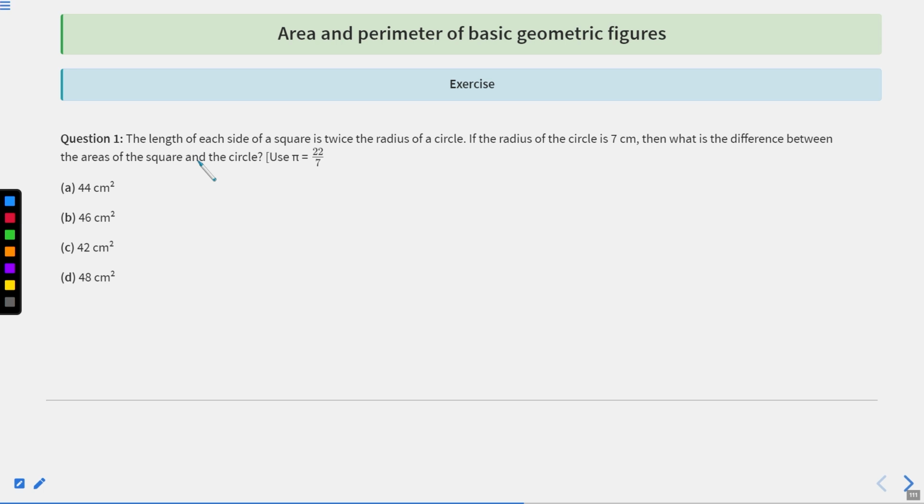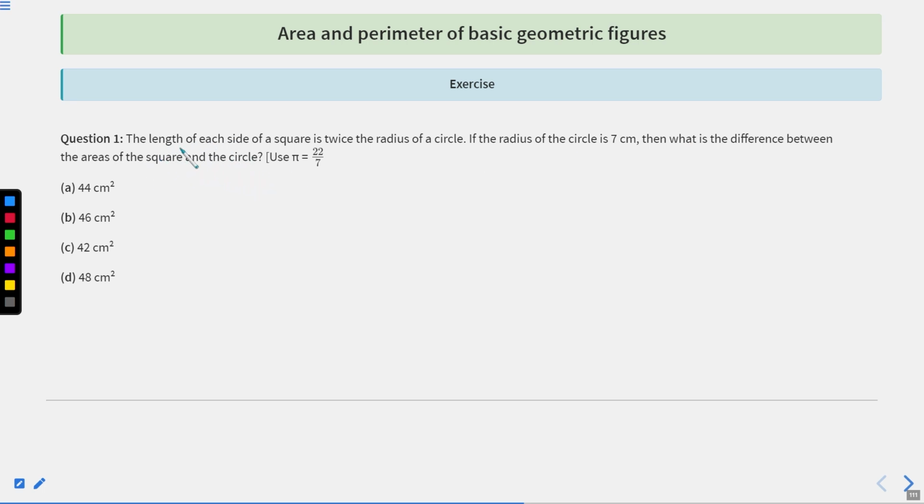So that was all about circle and polygon. Let us now see a couple of questions based on the theory that we have discussed. Length of each side of a square is twice the radius of a circle. If the radius of the circle is 7 centimeter, then what is the difference between the area of the square and the circle?